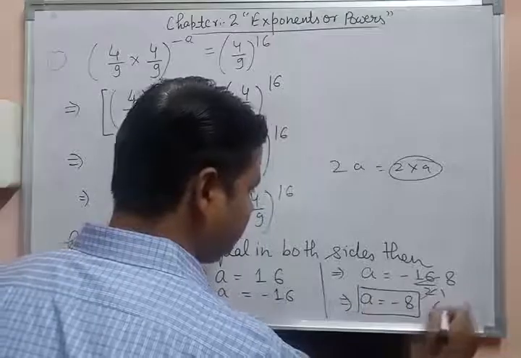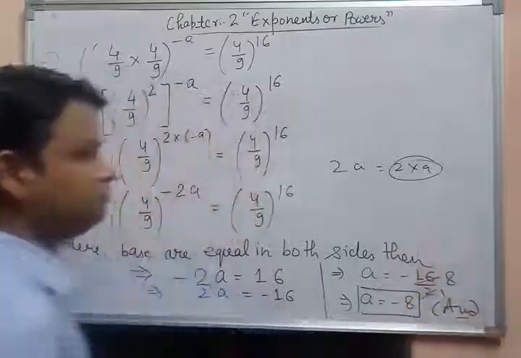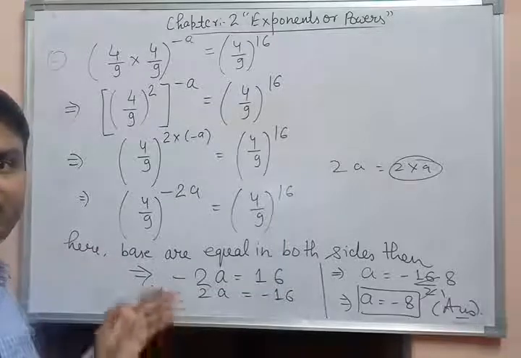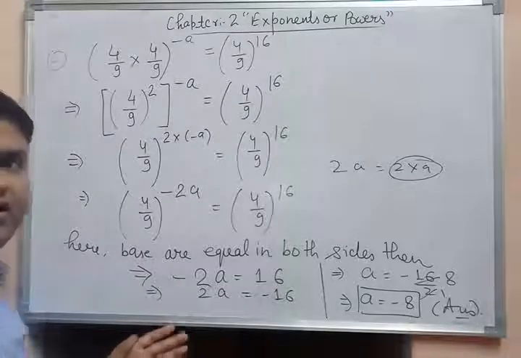So this is the answer of this question. Students, this is the solution of part C; pause the video to note it down in your copy or take a screenshot.